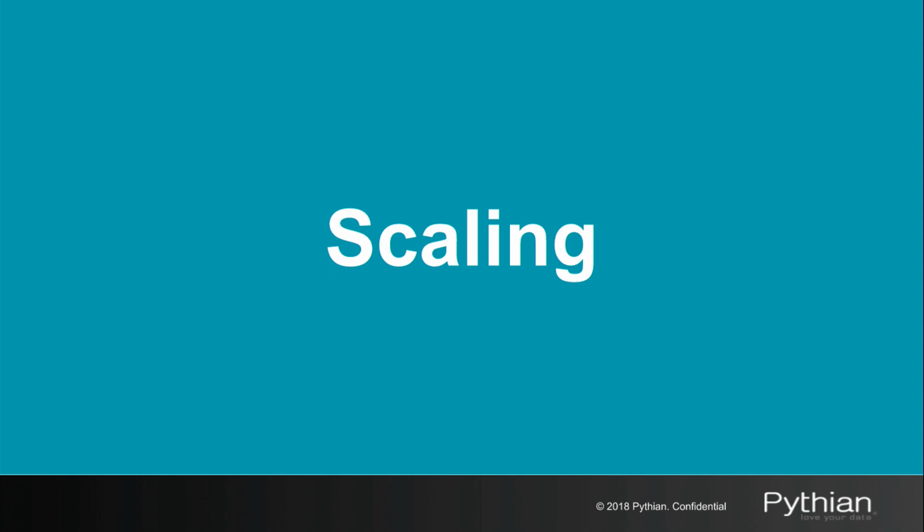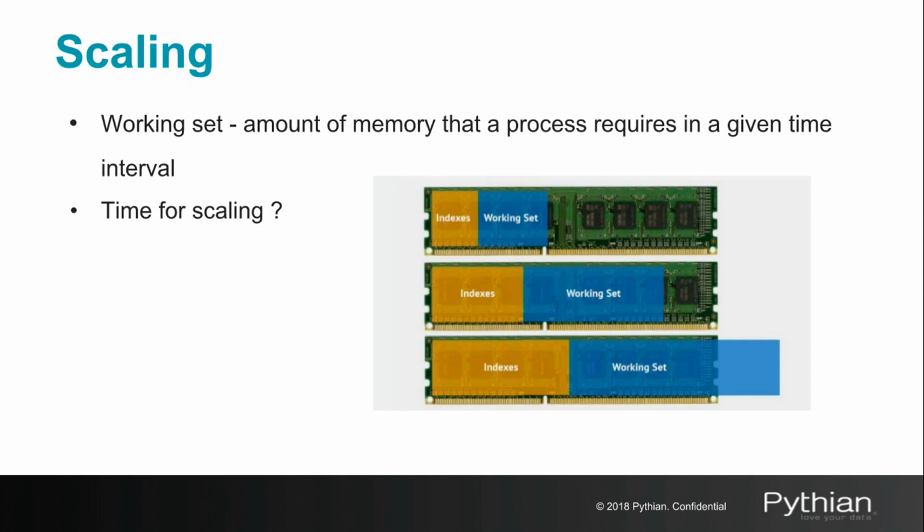So let's move into scaling. First, let's discuss working sets. A working set is the amount of memory that a process requires in a given time interval. And with databases, working sets can vary.